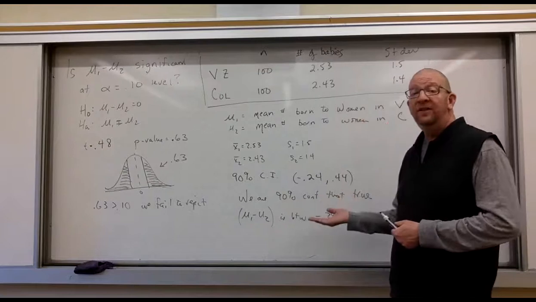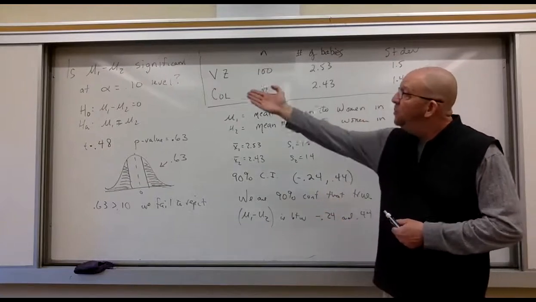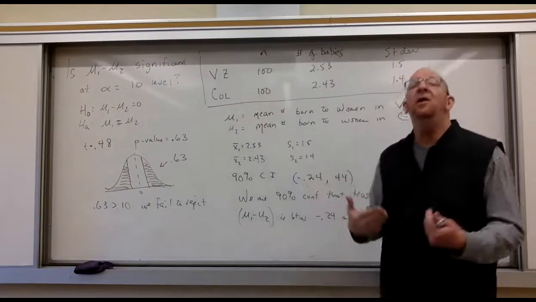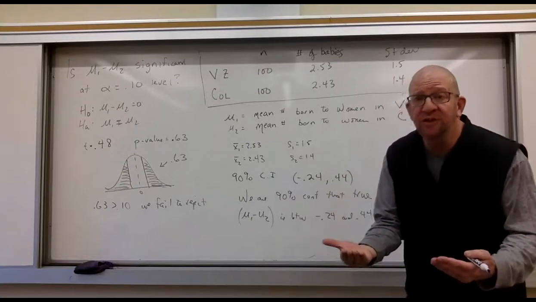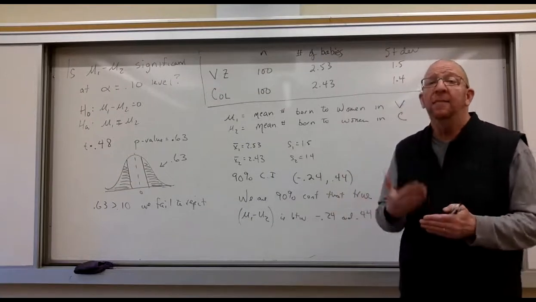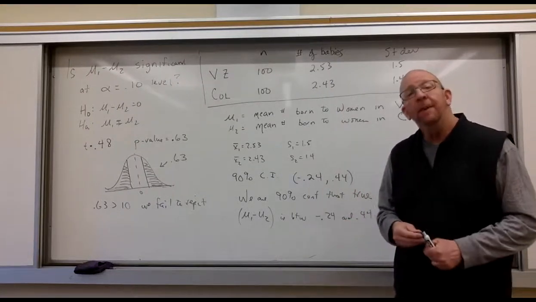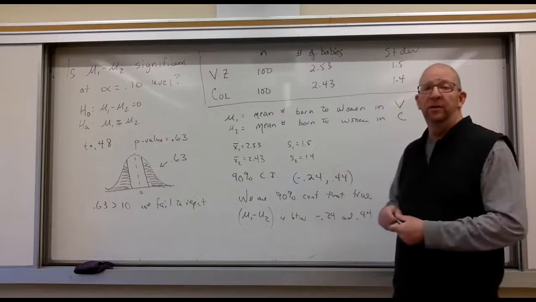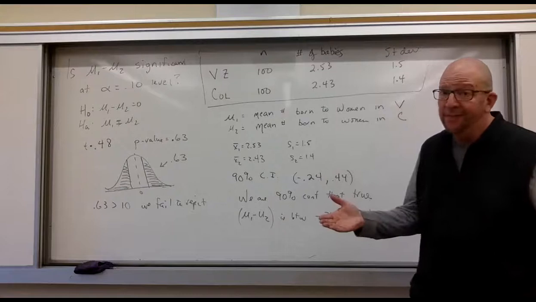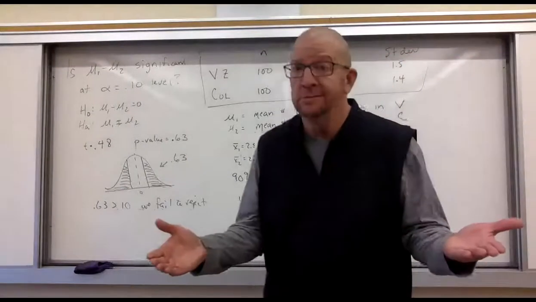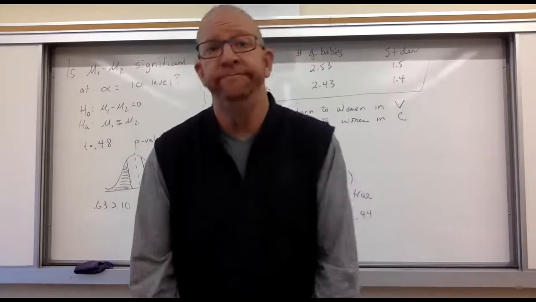If the confidence interval includes 0, then the significance test will fail to reject, because 0 is the null hypothesis. Remember, these 2-sample tests are always about the difference. And what happens when the difference is 0? There's no significant difference when the difference is 0.